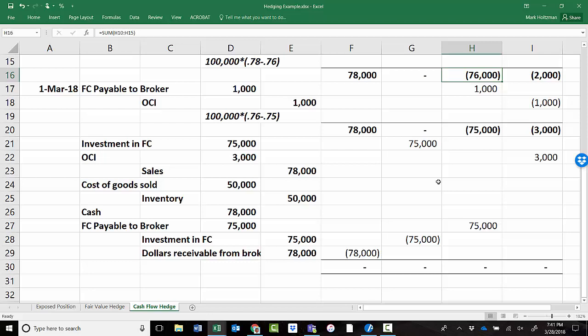Now, the question could come up. This is really interesting. What happens if, and you'll laugh at me, what happens if you document your hedge and you say, I got a cash flow hedge, and you test it? There's certain testing you have to do to establish that it's an effective hedge.